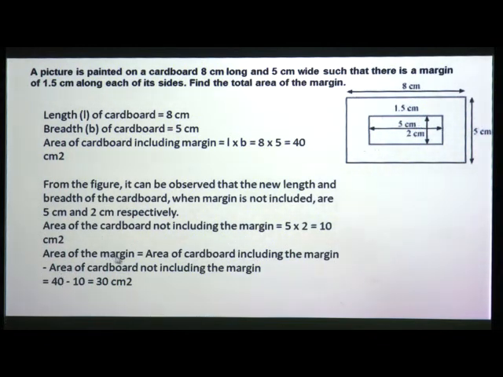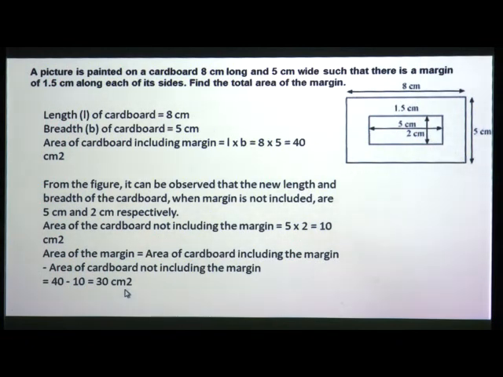So, the area of the margin is equal to the area of the cardboard including the margin, which we already found to be 40 centimeter square, minus the area of the cardboard not including the margin, which we also found to be 10 centimeter square. So, after doing the subtraction, 40 minus 10, we get 30 centimeter square.